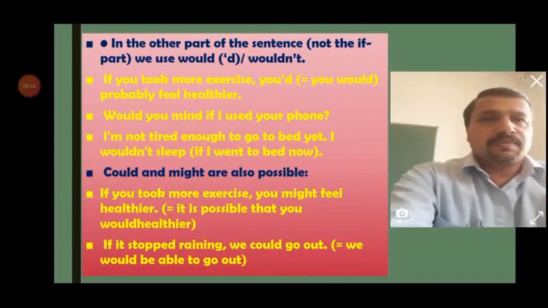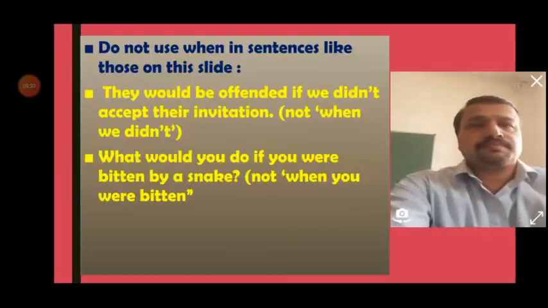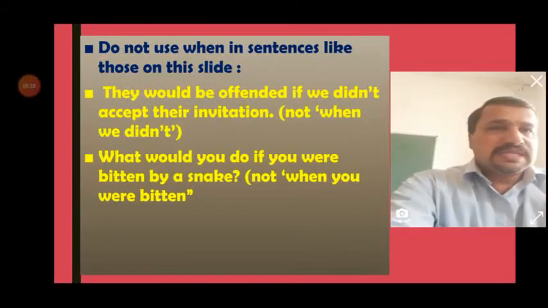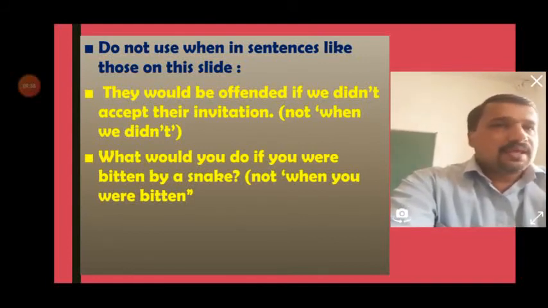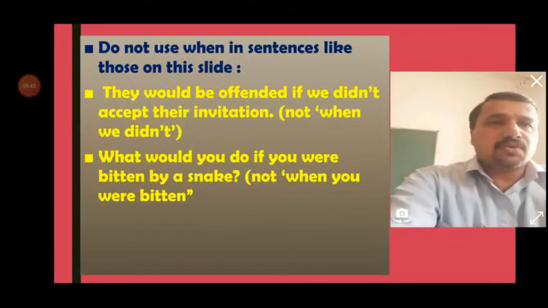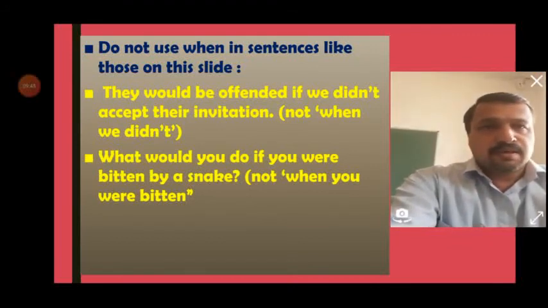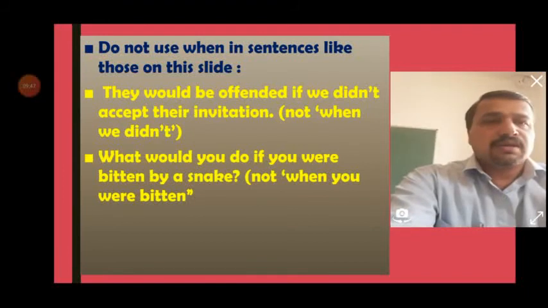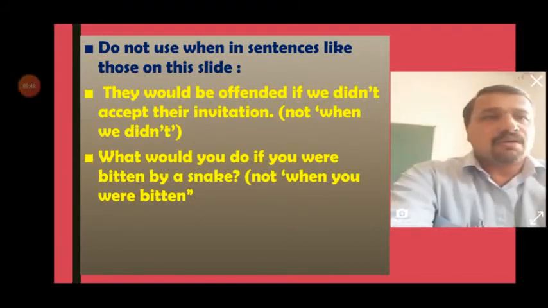Then, if we say it is possible for us to go out, can also be substituted in the same case. Next one, do not use when in sentences like those on the slide. You can see they would be offended if we didn't accept their invitation. Here we cannot use when. If when is used, it becomes a wrong combination.